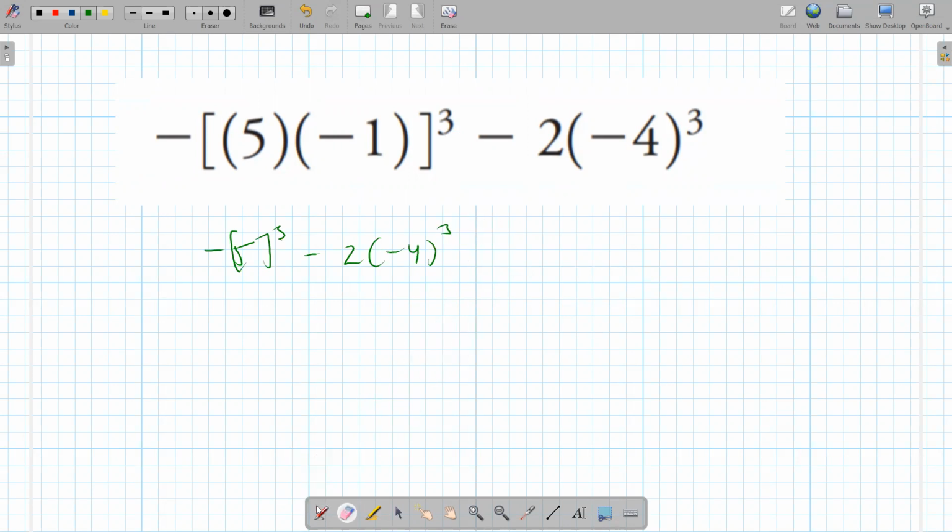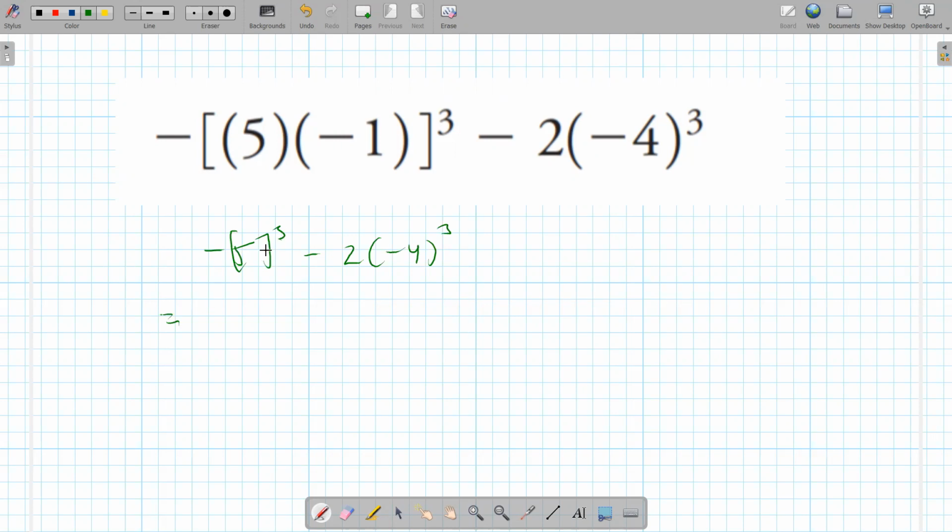So what's the next step? Is it 5 to the power of 3 or -5 to the power of 3? The negative sign is outside, so it's 5 to the power of 3 times -1.